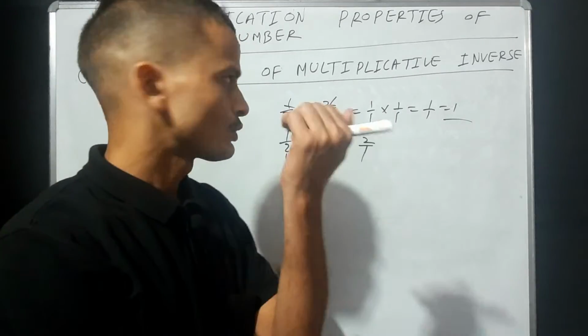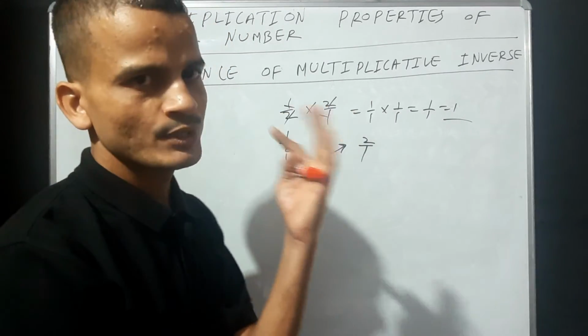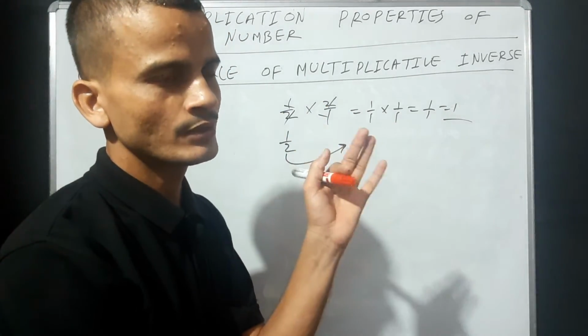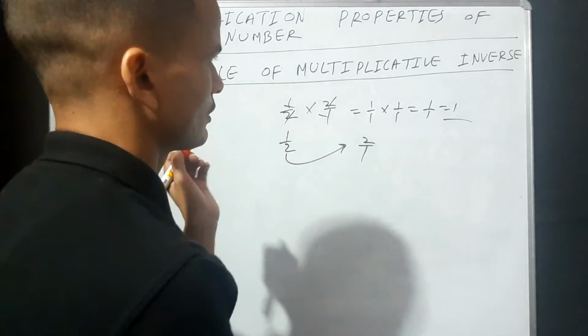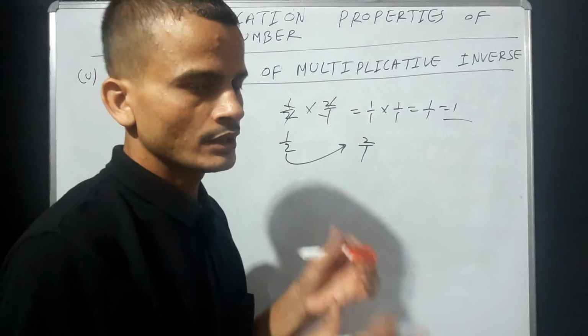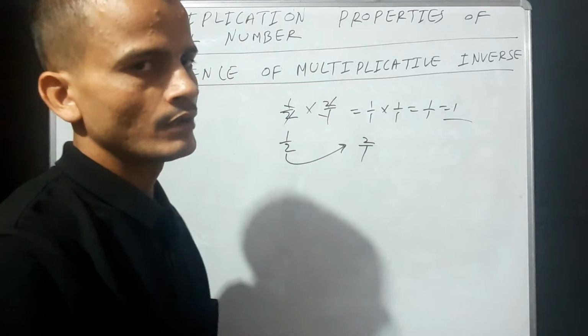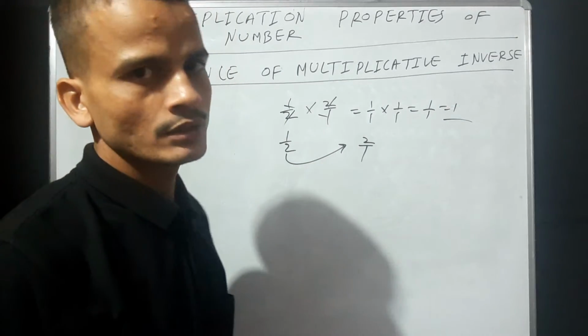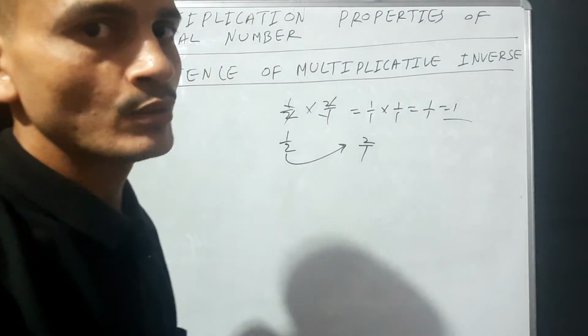This is known as the multiplicative inverse: when we multiply with some real number and the result is 1, that number is the multiplicative inverse of the particular number.